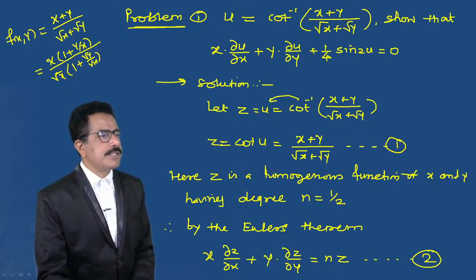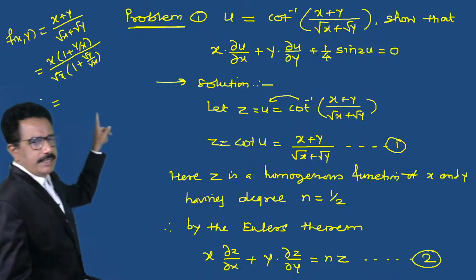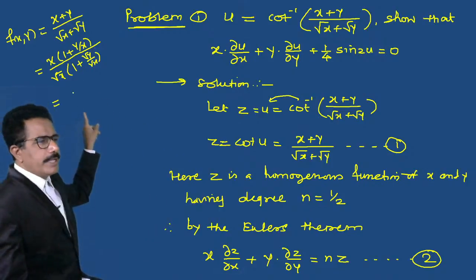So x divided by root x means we can express this. याला कसं लिहिता येतं, x divided by root x means we can write root x in a bracket 1 plus y by x divided by 1 plus root y by x.